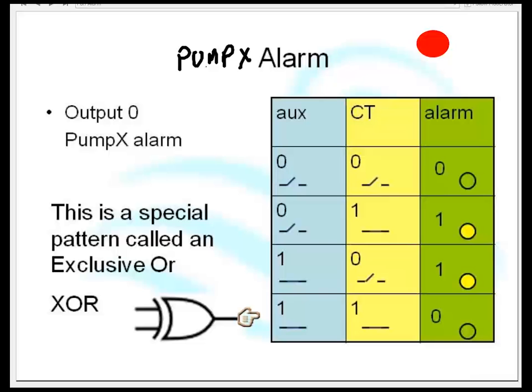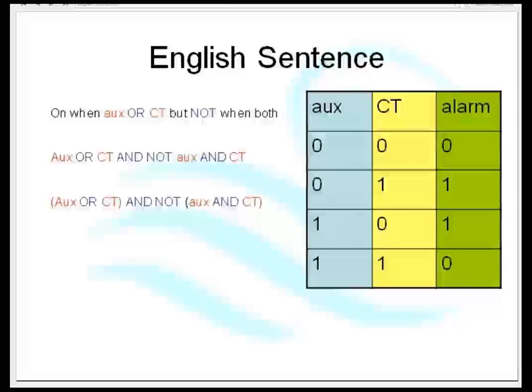Right, so my first output needs to create this pattern to be correct. I'm going to make an English sentence for this pattern. The English sentence I make up is that its output comes on when the auxiliary or the CT, but not when both of them.